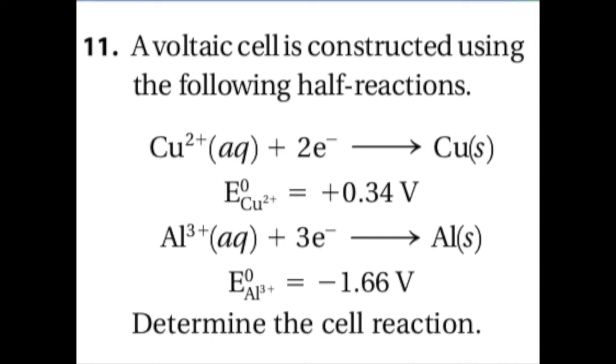That's also reduction, and that's going to be negative 1.66. Now, the idea is which one's going to be reduction and which one's going to be oxidation. Now, they're both written as reduction reactions, but one you have to have as an oxidation reaction. So remember, it's E naught red minus E naught oxy.